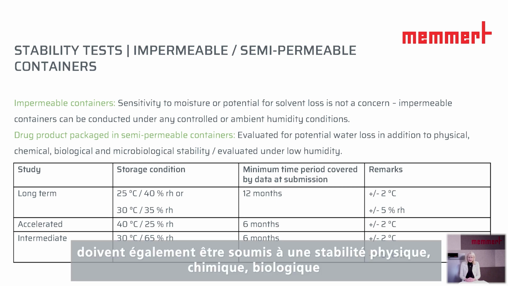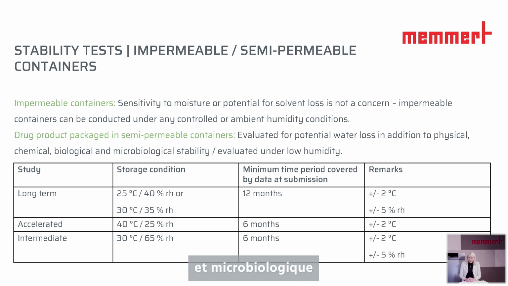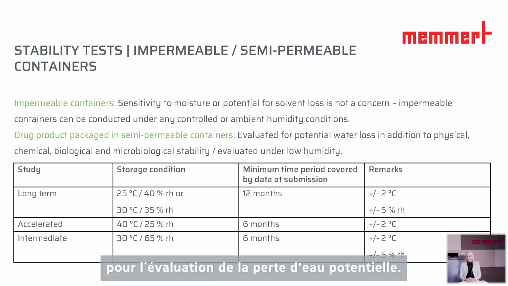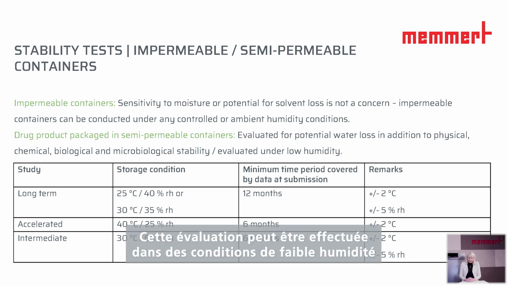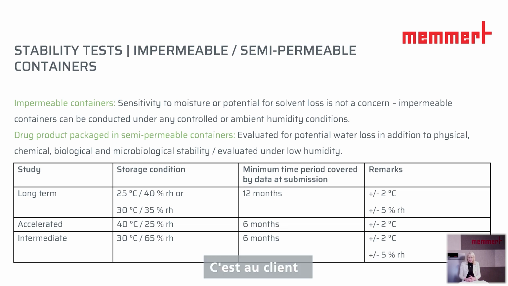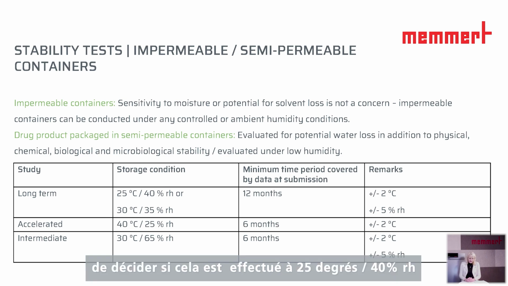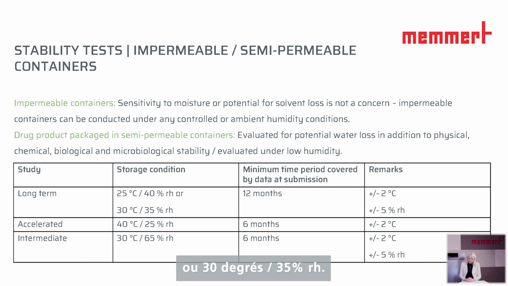This should also, additionally to physical, chemical, biological and microbiological stability, be evaluated for the potential water loss, and this can be done under lower humidity. And here the customer can decide whether to do it at 25 degrees 40% RH or 30 degrees 35% RH.